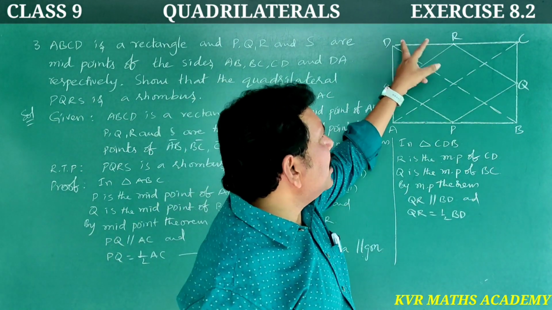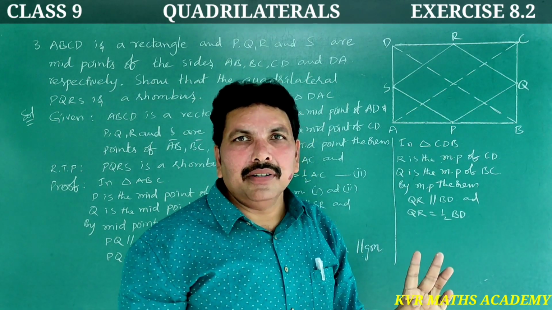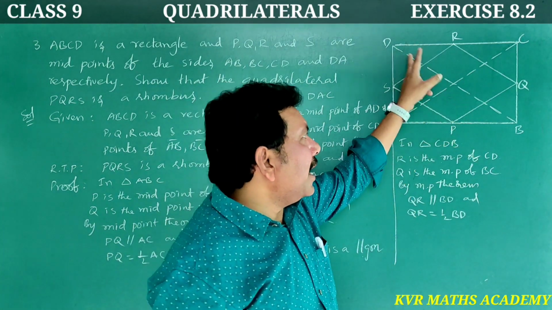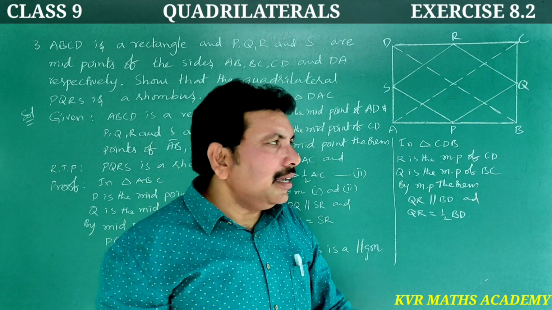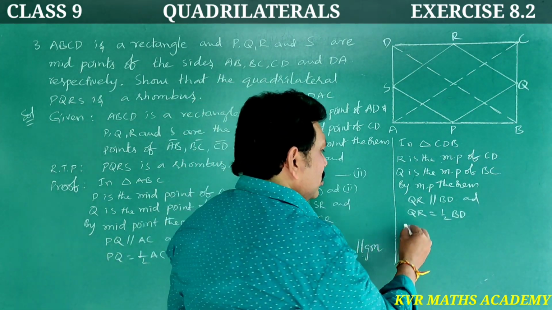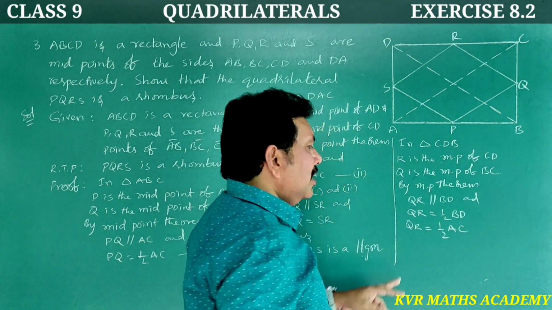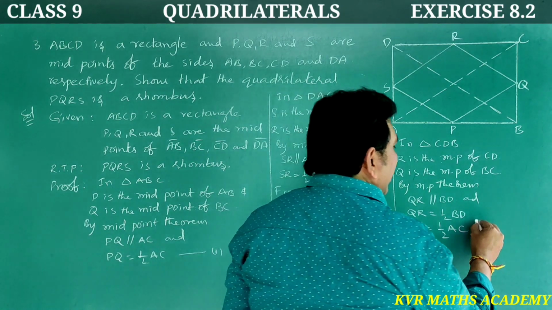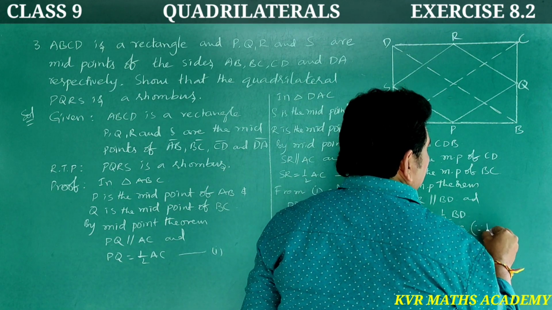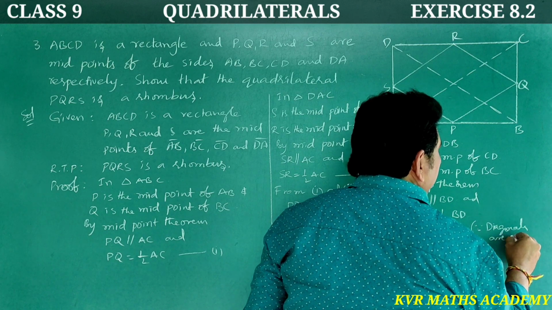So in the place of BD let us substitute AC, since the diagonals BD and AC are equal. So QR is equal to half AC, since diagonals are equal.